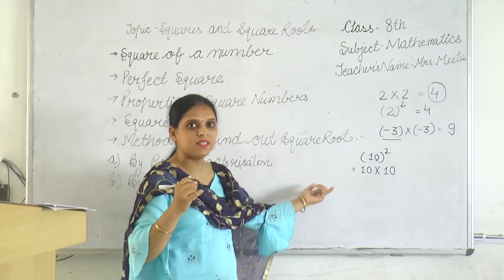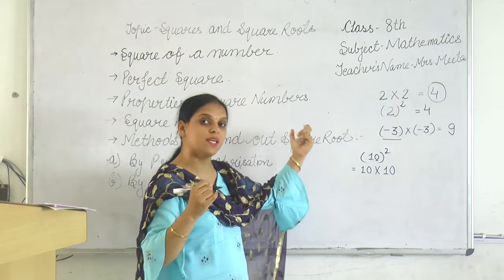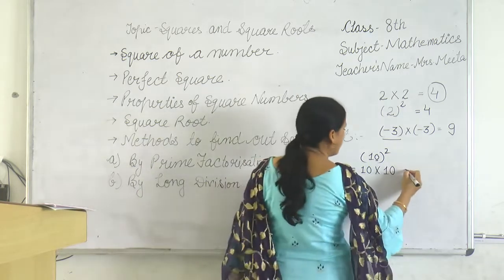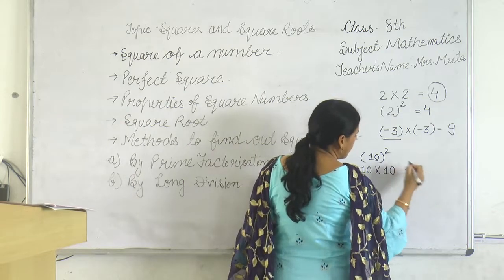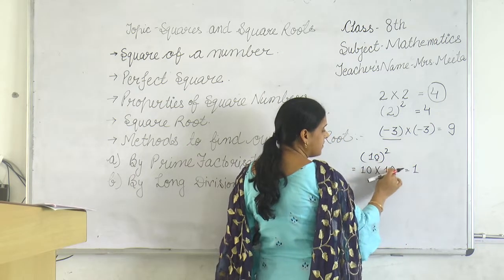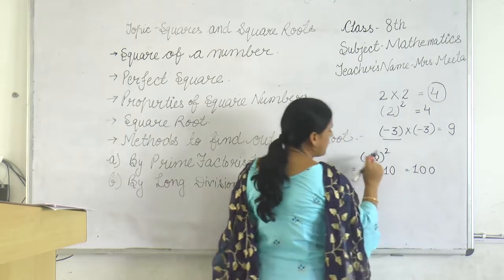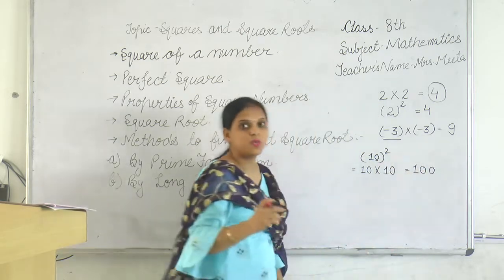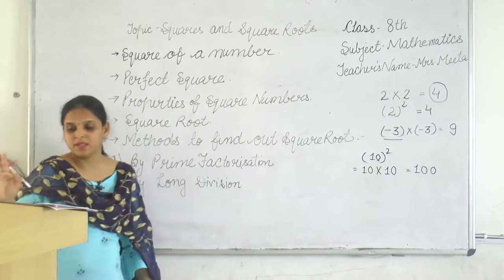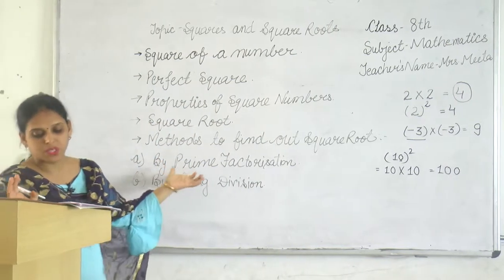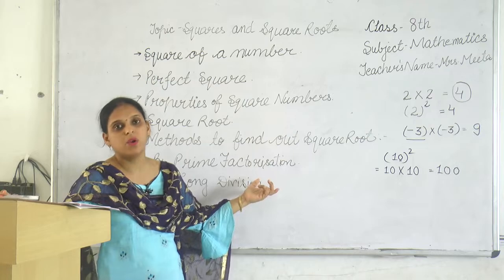If we find the square of that number, we get double the zeros. 1 multiplied by 1 is 1, and when we multiply 0 and 0, we get 2 zeros. Means if here is 1 0, then there will be 2 zeros. That is the property: the number of zeros in a square is always 2n.